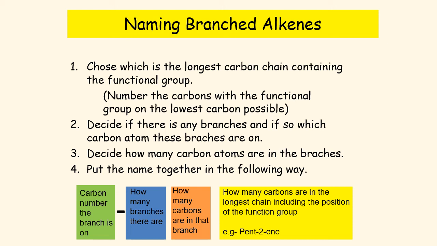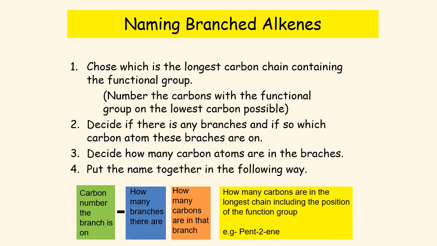You then look to see if there are any branches, and if there are branches, which carbon atom these branches are on. Now, importantly at this stage, whatever side of the molecule you used to give the functional group its number, you have to keep using that same numbering system to find which number carbon the branch is on.